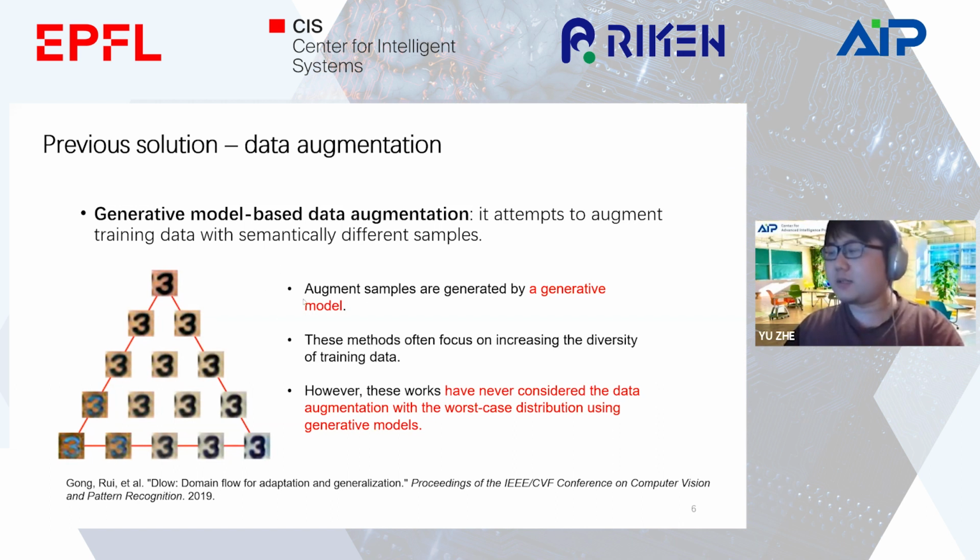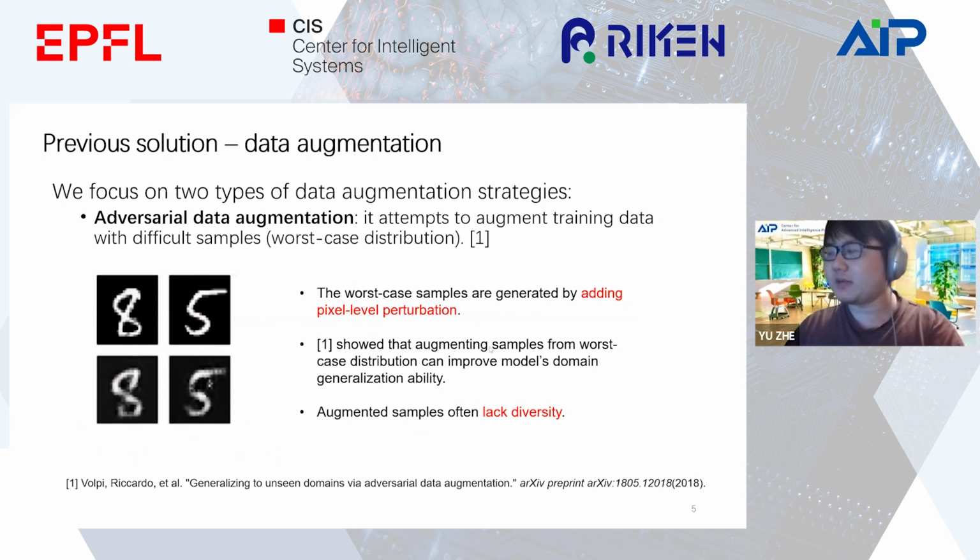However, the limitation of this method is that no work has considered data augmentation with worst-case distributions using generative models, since previous work already showed that difficult samples were helpful for the DG task.